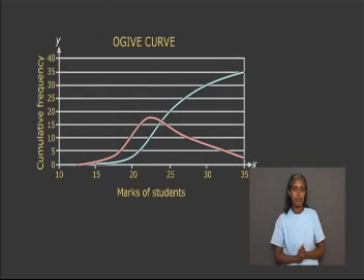Students, please look at what happens when we plot the regular frequency curve for our students' marks over top of the ogive curve. Although we have used the same data, the graphs look very different.